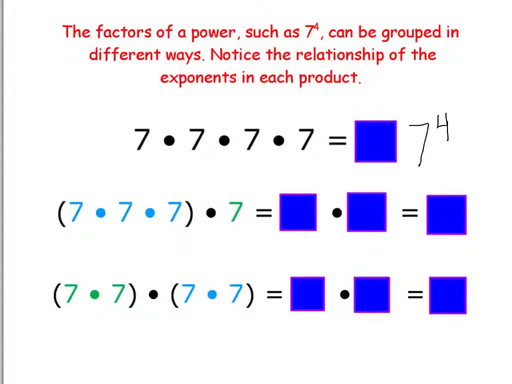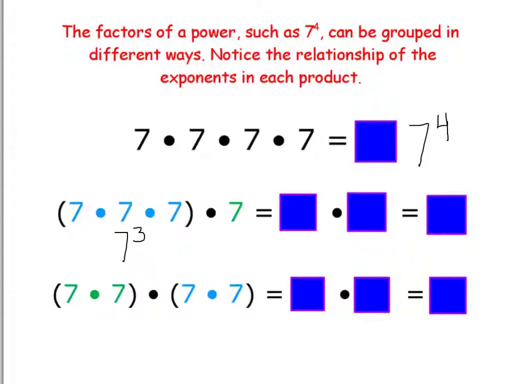But what happens if I look at this in different groups? I still have my 4 7s, but now I'm going to put the first 3 together and leave the last one by itself. This 7 times 7 times 7 also represents in exponents 7 to the 3rd.